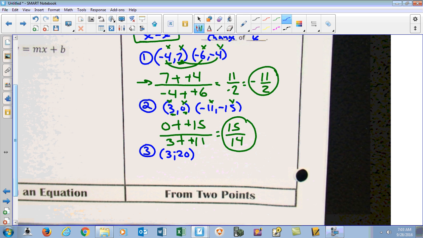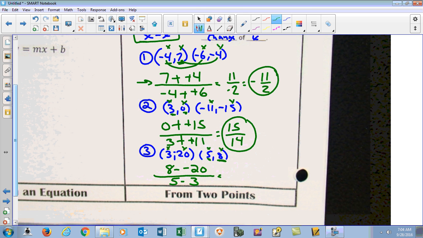So 3, -20, and 5, 8. Okay, so again, label your x's and your y's for each one. So let's go the other way just to show you. Let's start with 8. So 8 minus -20. Since I start with 8, I have to start with 5 for my x's. 5 minus 3.